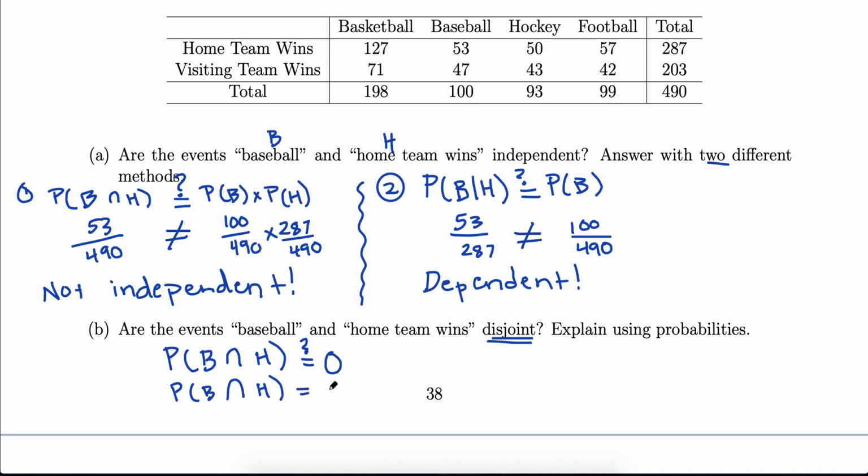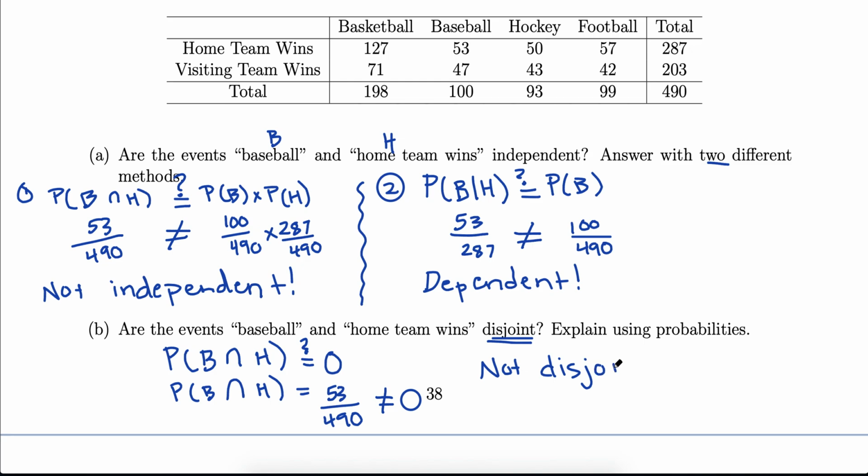And specifically, we had 53 games out of all of our games. Remember, there's no given here, so the denominator is the overall total. So 53 were both baseball and won by the home team. So sure, it can happen. It does not have a probability of 0, so they are not disjoint events.